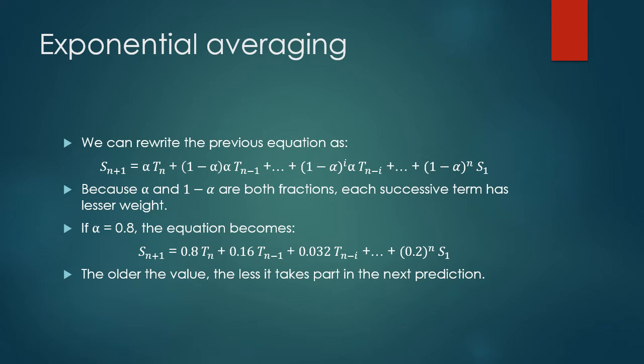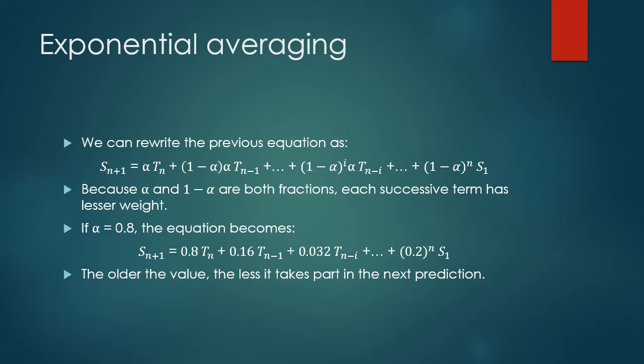We now rewrite the previous equation as Sn+1 = alpha Tn + (1 - alpha) alpha Tn-1 + and it goes on, + (1 - alpha)^i alpha Tn-i + and it continues, + (1 - alpha)^n S1.